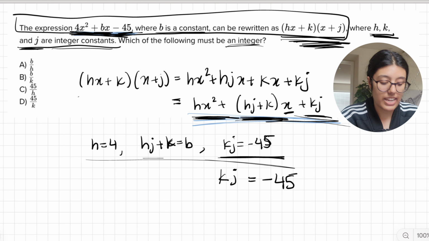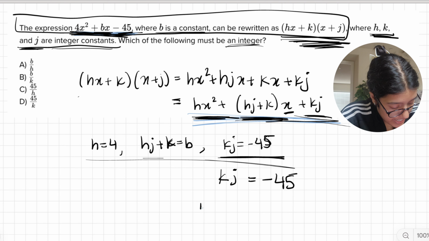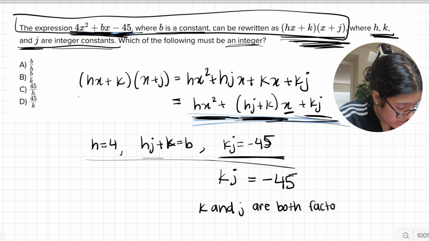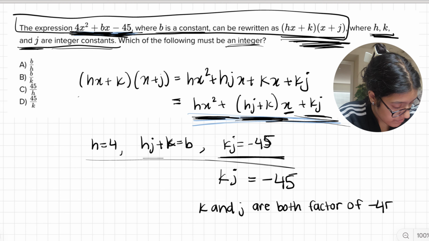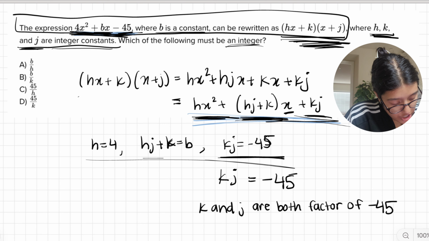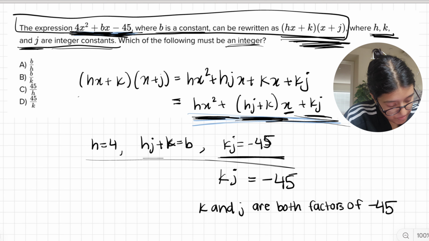And you can only get negative 45 when both k and j are factors of negative 45, aka they're both factors of 45, except one is going to have a minus, the other is going to be positive. So k and j are both factors of negative 45.